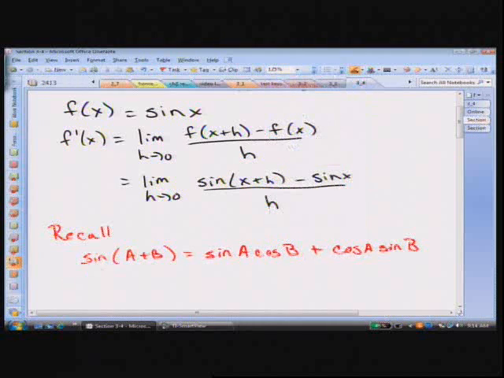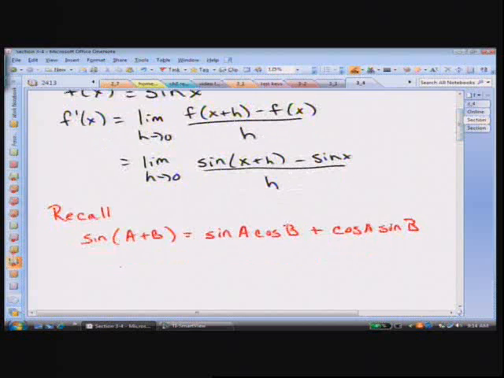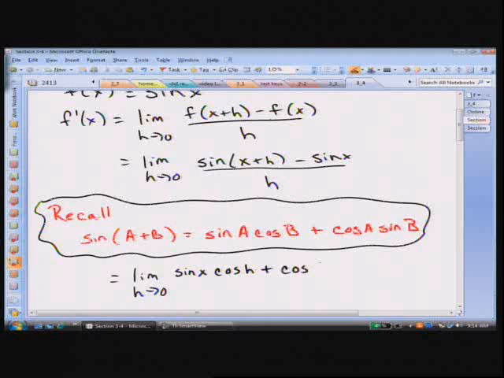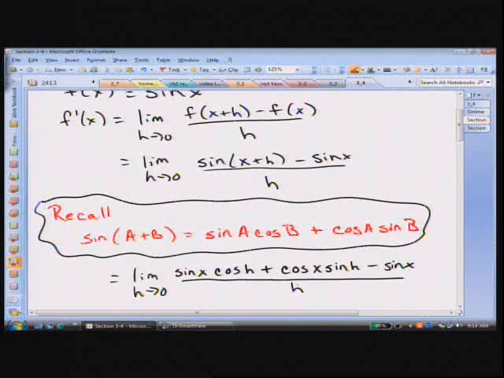All right, and so that was just a little recall in our proof here. We're going to have the limit as h goes to 0 of sine x cosine h plus cosine x sine h minus the sine of x all over h.